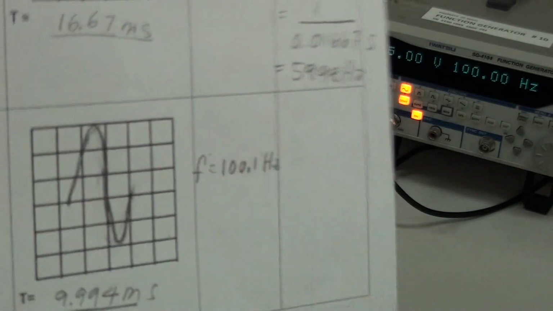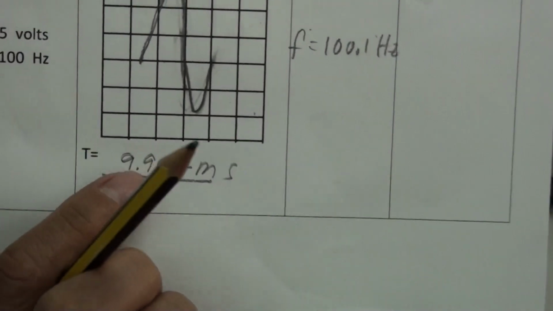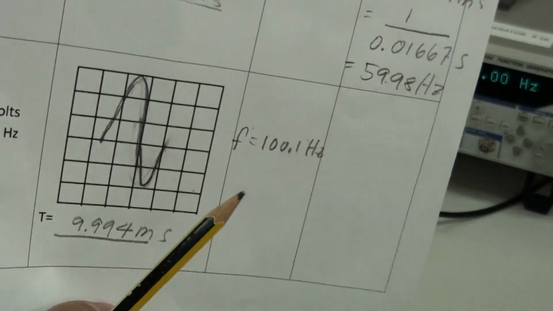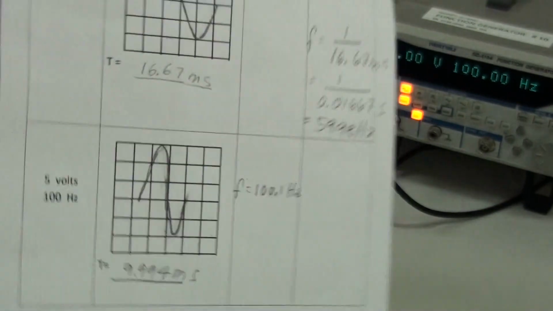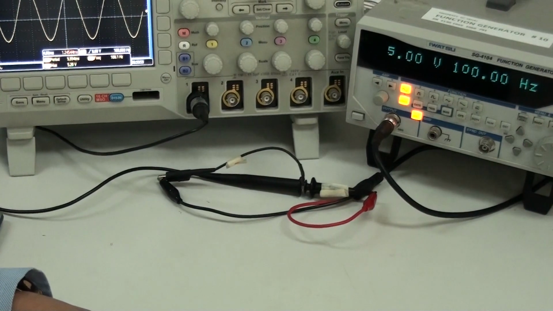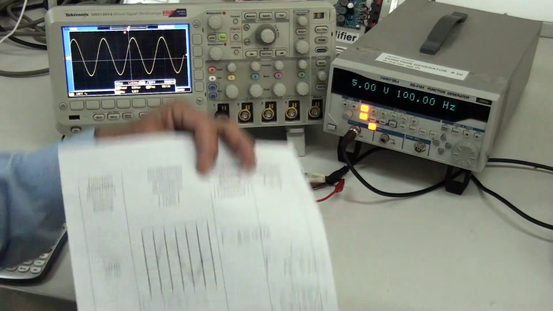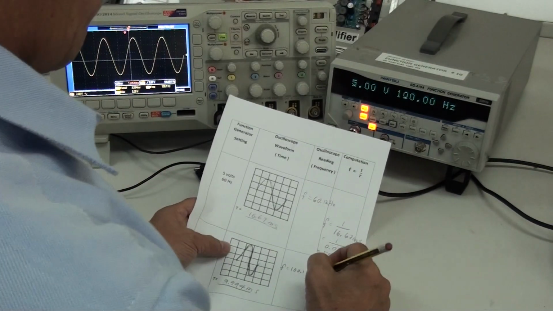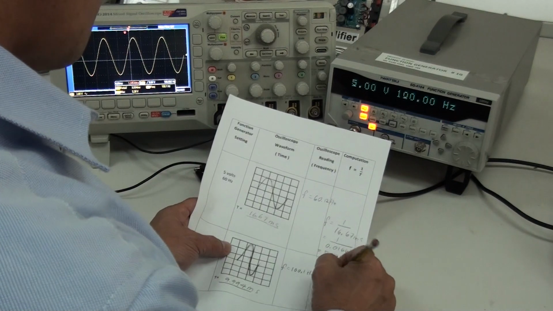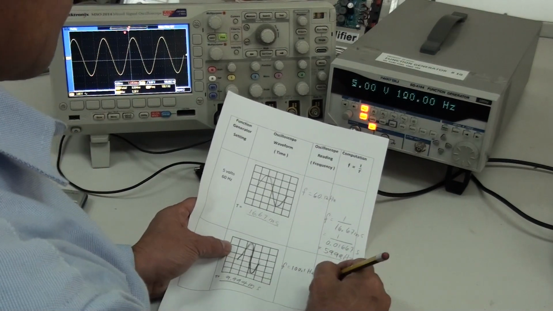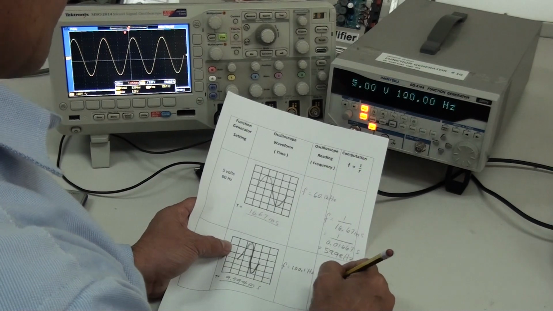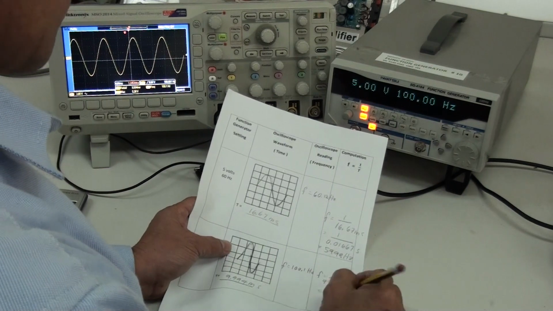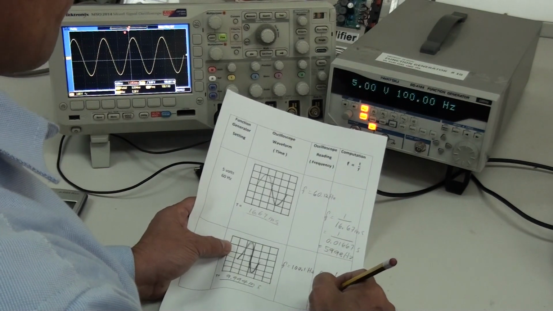And as you can see here, we measured time that is equal to 9.994 milliseconds, and then the frequency is 100 hertz. Now, let us try to compute the frequency using this time. F is equal to 1 divided by time, the formula. So that is 1 divided by 9.994 milliseconds, or convert it to seconds.